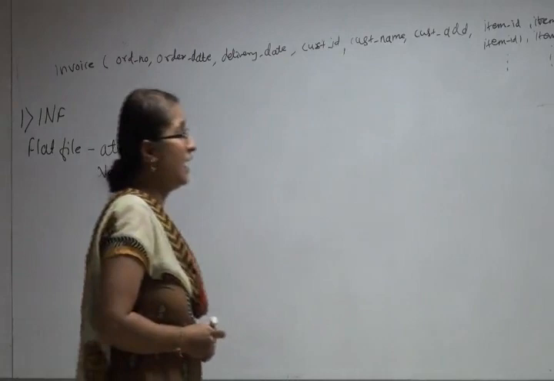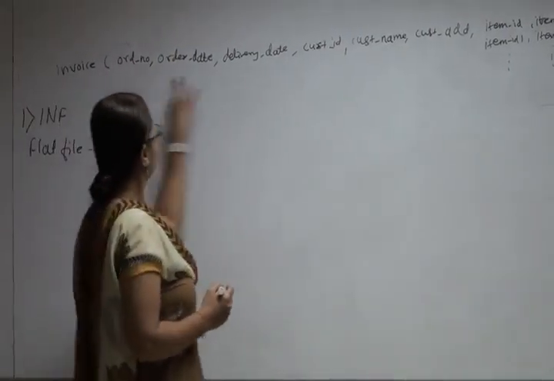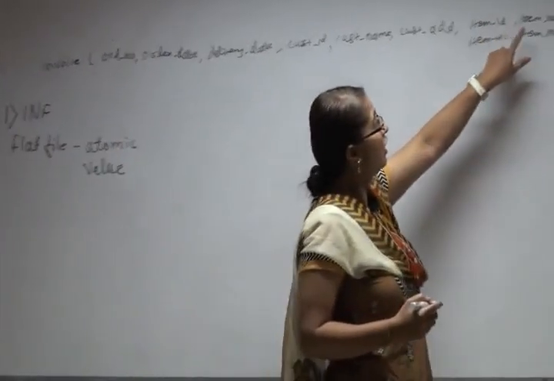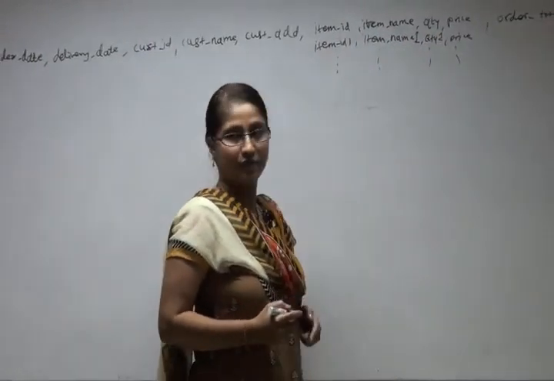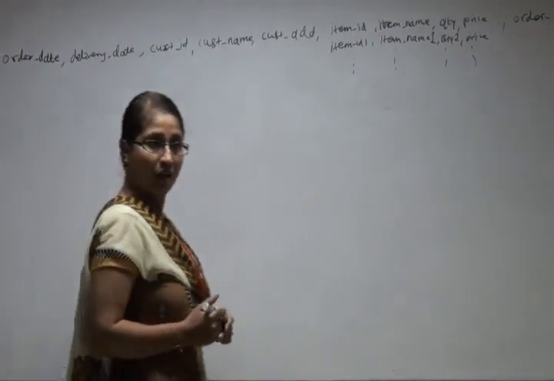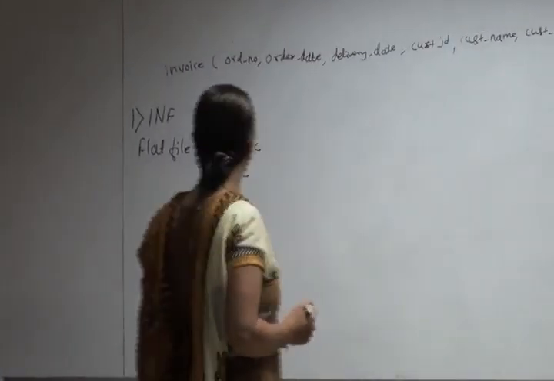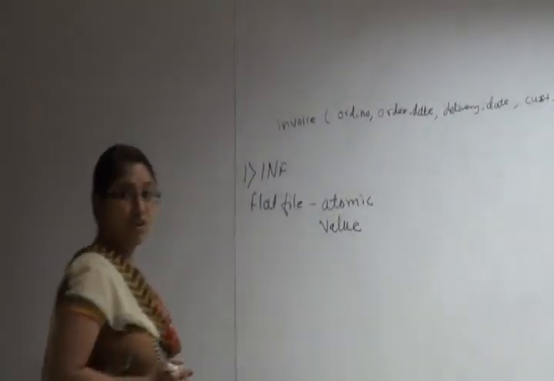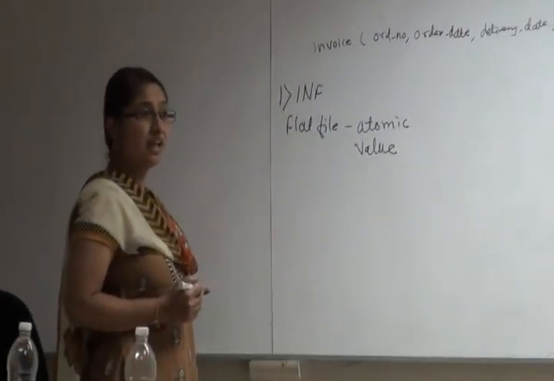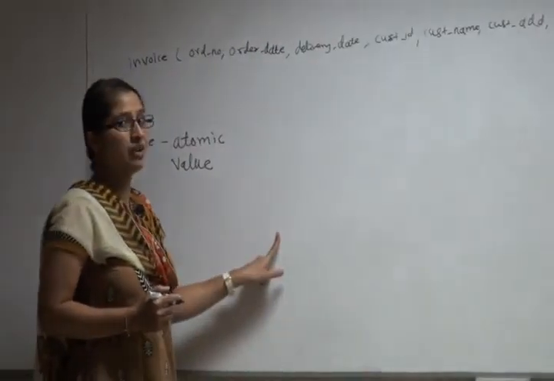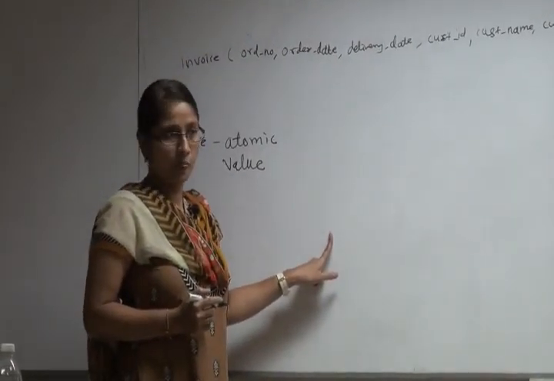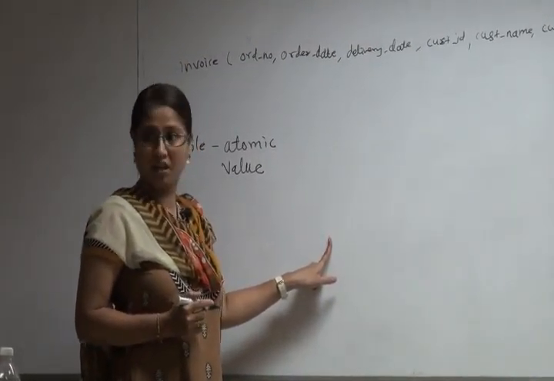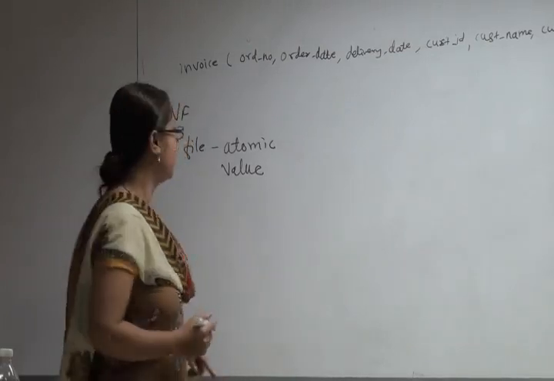So what will we do? We will create the table having a single column for each, and whatever number of items there are going to be, that many records we will have.